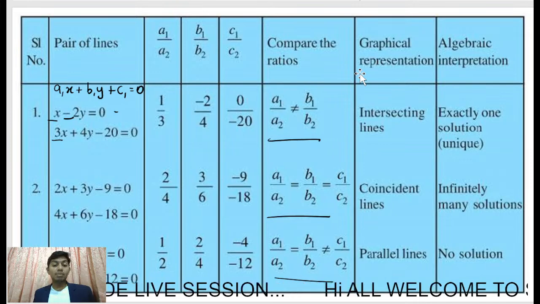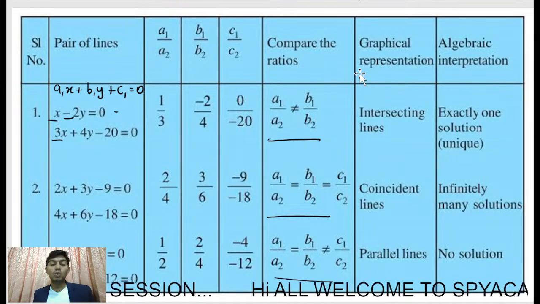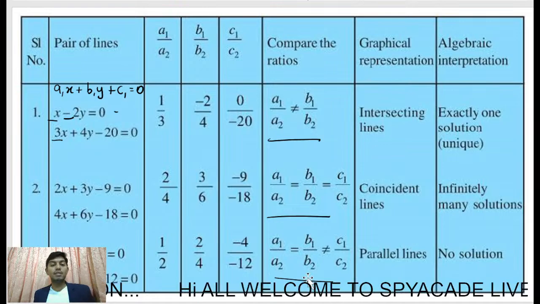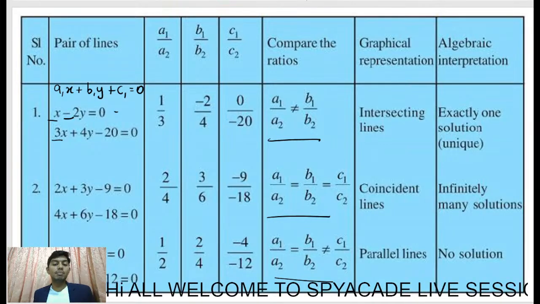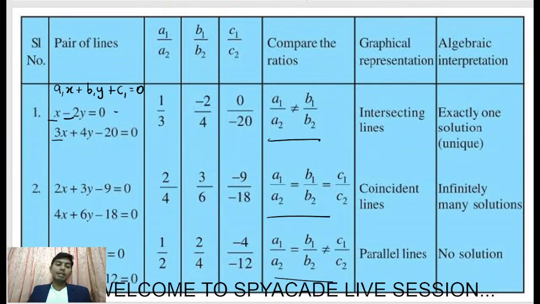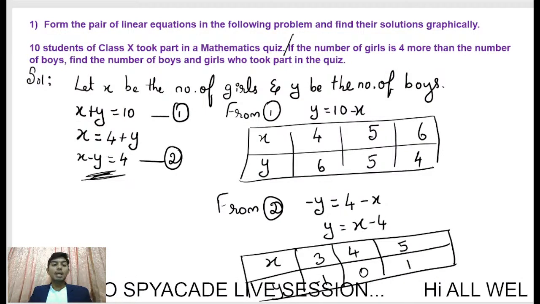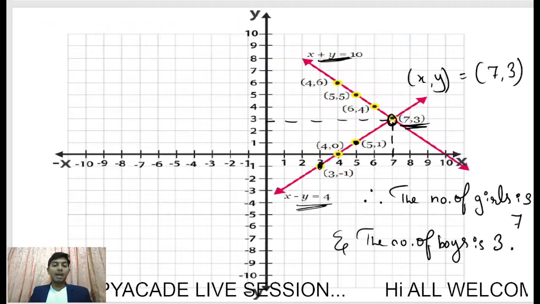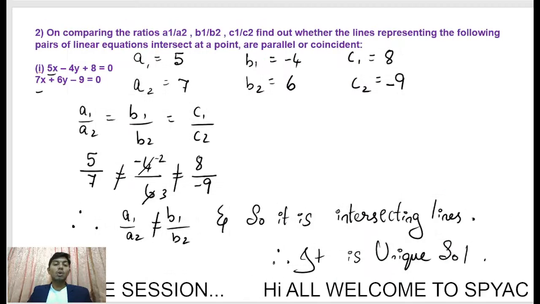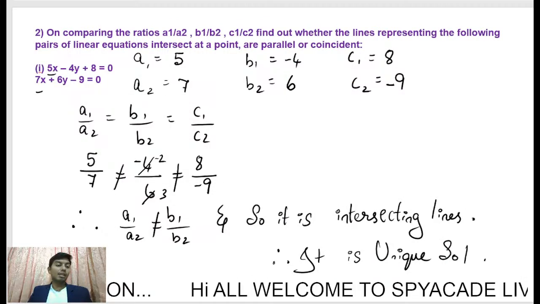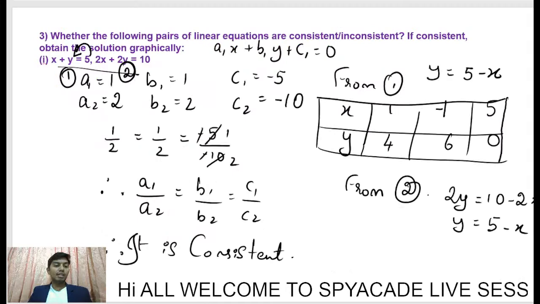And then when a1 by a2 is equal to b1 by b2 but that is not equal to c1 by c2, then no solution because it is parallel lines. And we have solved a few questions based on the graphical method and also based on the conditions which we have learned right now. Is it clear for everyone?